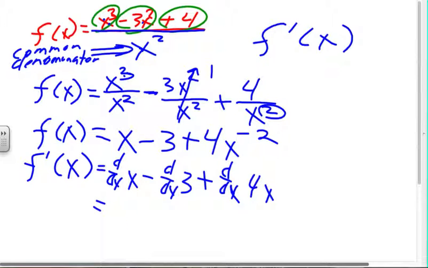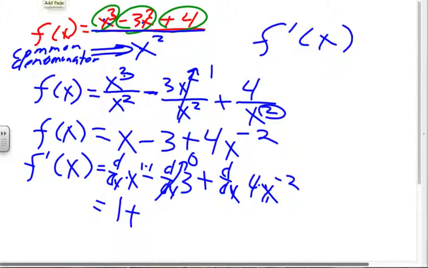d dx of x gives me 1. That's 0. Because you multiply, that's an implied 1 in both of these. 1 times 1 is 1. Subtract 1, you get 0. X to the 0 is 1. And then plus 4 times x to the negative 2.